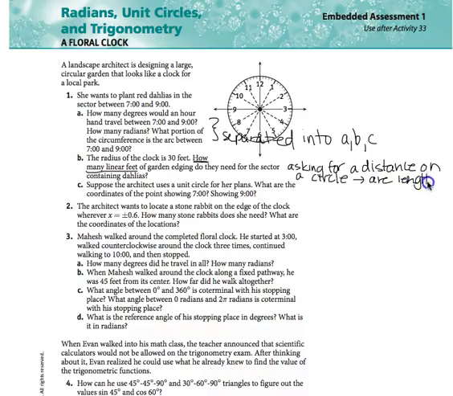So we talked about arc length in the first 2 sections, I believe, 31.1 and 31.2. The formula that we came up with for arc length is S equals R theta, where theta has to be in radians. So notice that the previous parts of the question did ask how many radians.